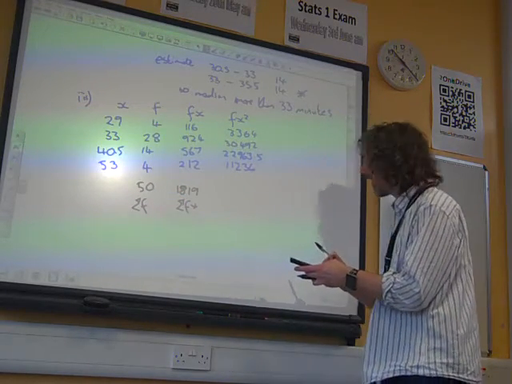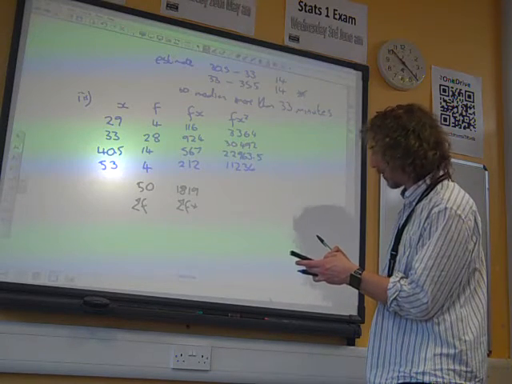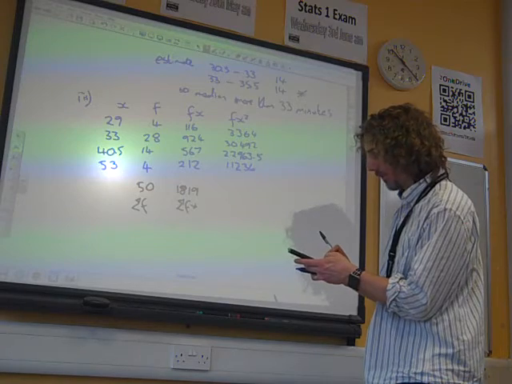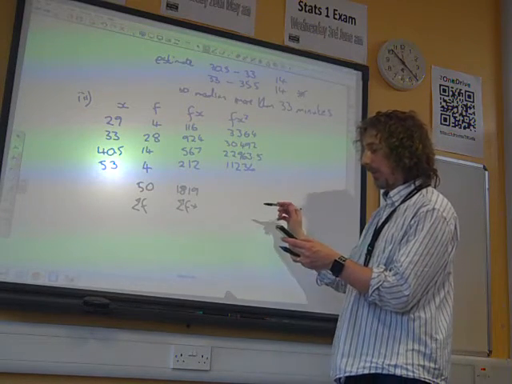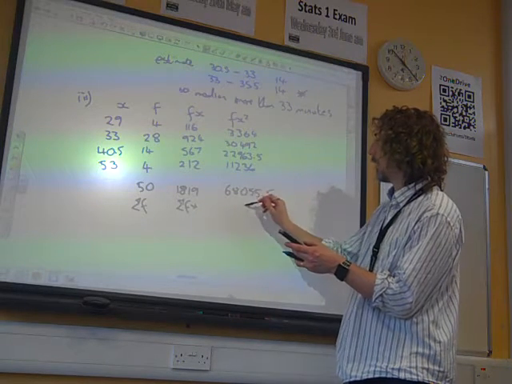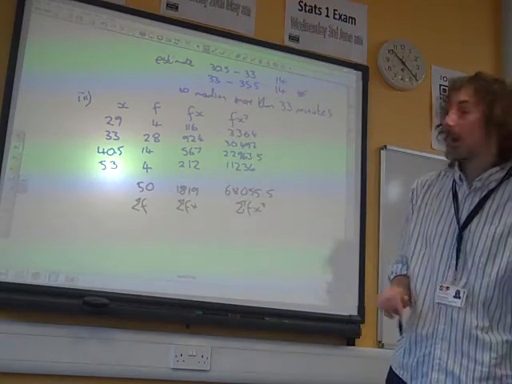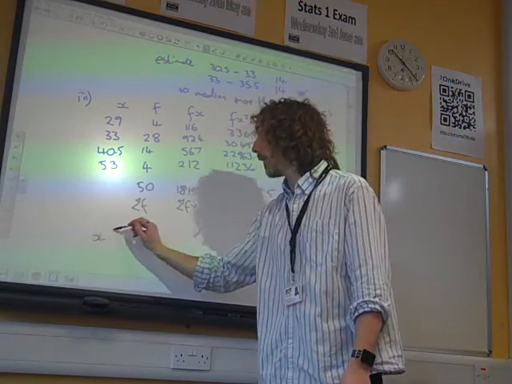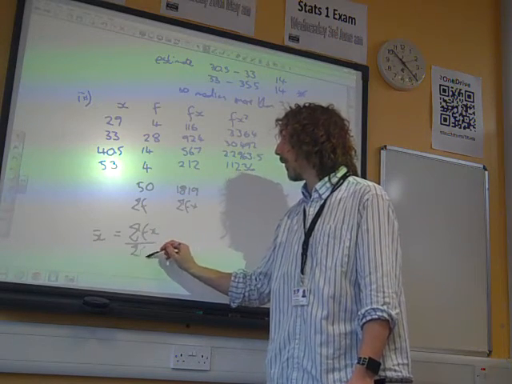And this one, I hate this kind of number crunching aspect to it. It's just irritating, isn't it? This gives us 68055.5 sigma fx squared.